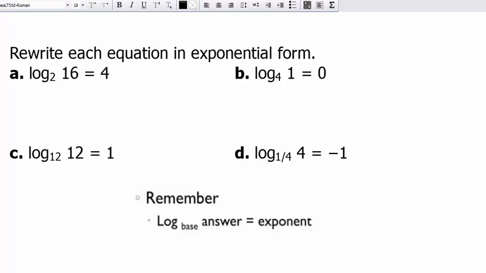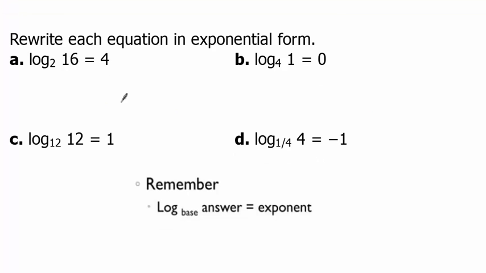So let's take a look at what that would look like a little bit. If we want to rewrite this as an exponent, we have to start with the base. It's taken to the power on the other side, and that equals 16. And that is a true statement. So base, I need to find the exponent, which is over here, equals the answer.